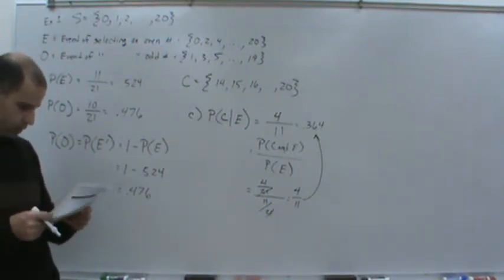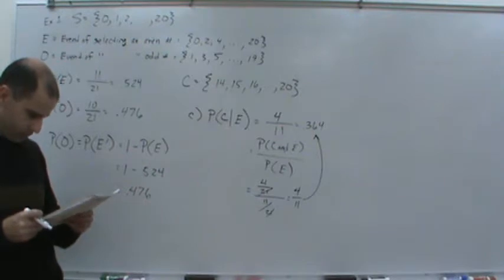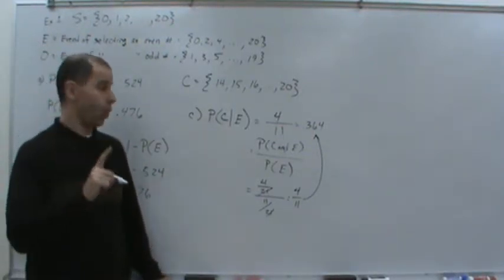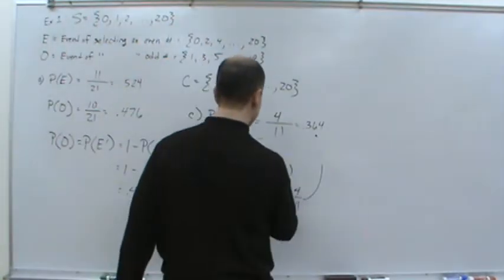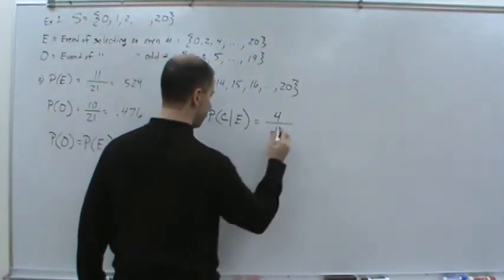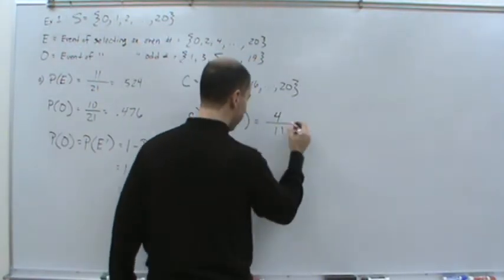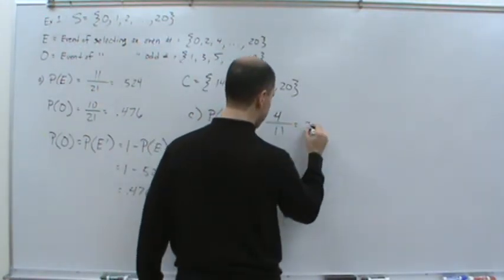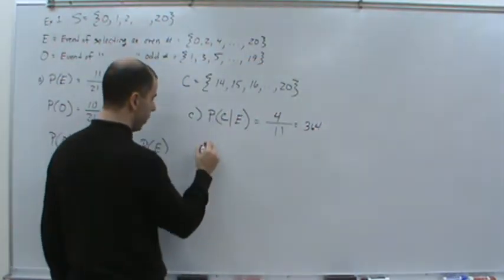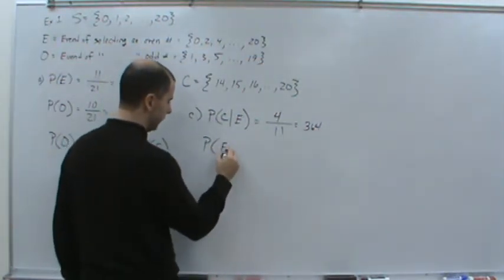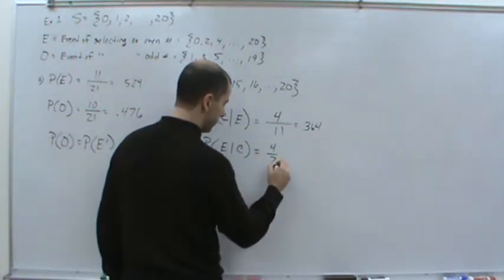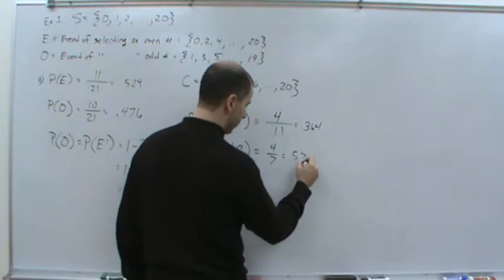Oh, let me go back. By the way, we just calculated 2 probabilities. This one was 0.364. And then we also calculated the probability of E given C, and that was 4 out of 7, which is 0.571.